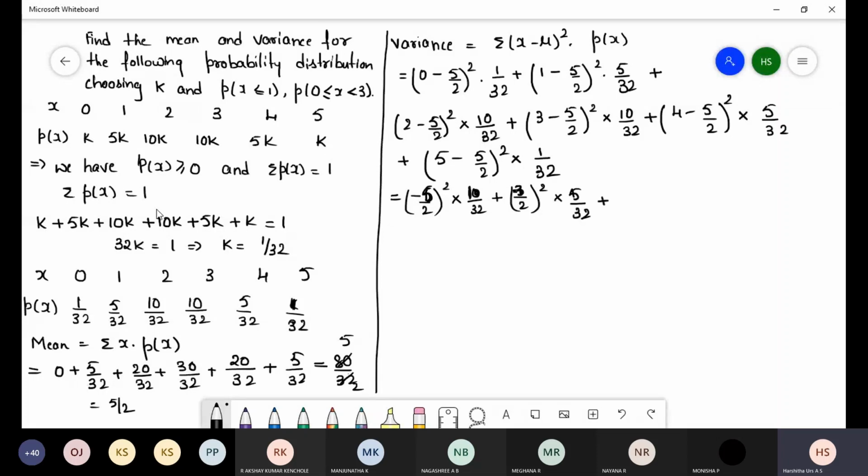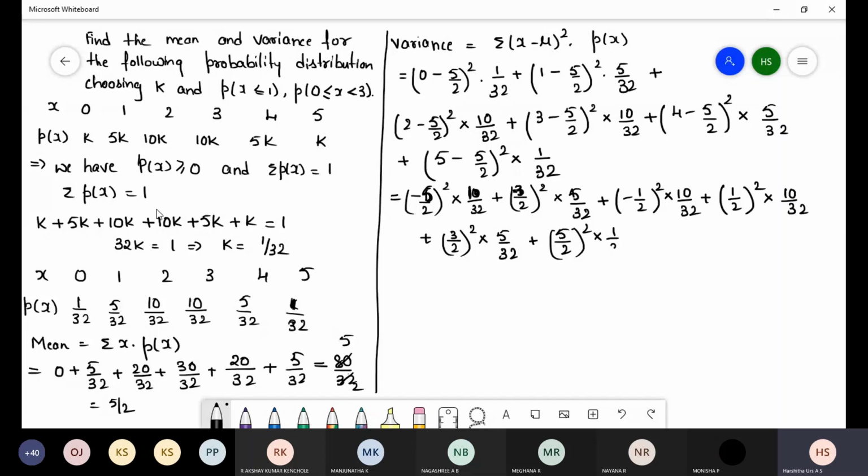Next minus 1 by 2 whole square into 10 by 32, plus 1 by 2 whole square, because 3 twos are 6, 6 minus 5 is 1, 1 by 2 whole square into 10 by 32, plus 2 fours are 8, 8 minus 5, 3 by 2 whole square into 5 by 32, and 10 minus 5 is 5 by 2 whole square into 1 by 32.